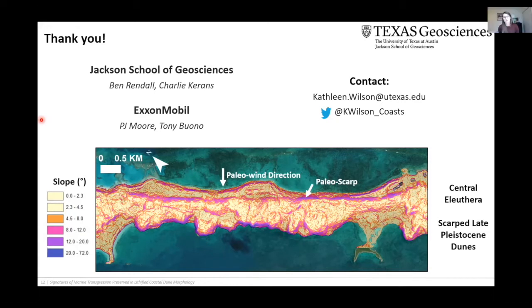Yeah, so that's a great question. I think that not having vegetation as a way to stabilize the dunes and arrest their migration across the landscape, they're more likely to get away from the shoreline.